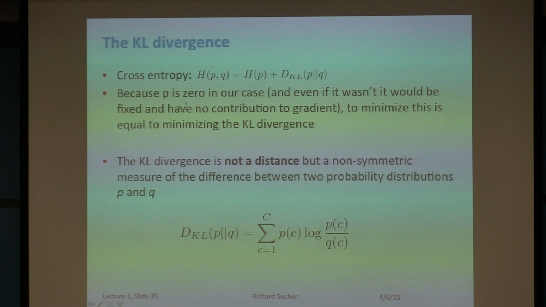When we rewrite the cross entropy in terms of the entropy and the KL divergence, we can see that in our case H of p, sorry, this is a typo, H of p here is 0, largely because of the definition of the entropy, which is the negative sum of p of c times log of p of c, where 0 times the log of 0 in the limit goes to 0.